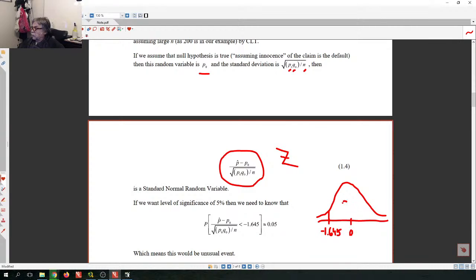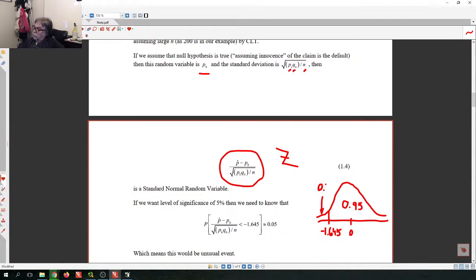So this is 95%. The central area between negative 1.645 and positive 1.645 is 90%. But then you have this tail here that is also 5%, so you get 95%, and this is only 5% here.